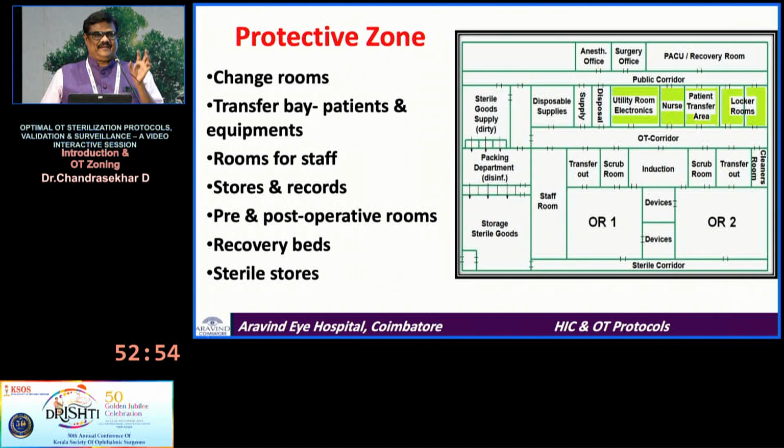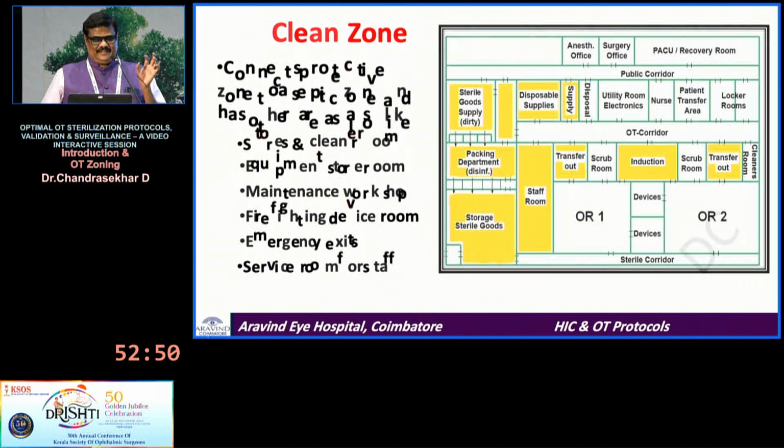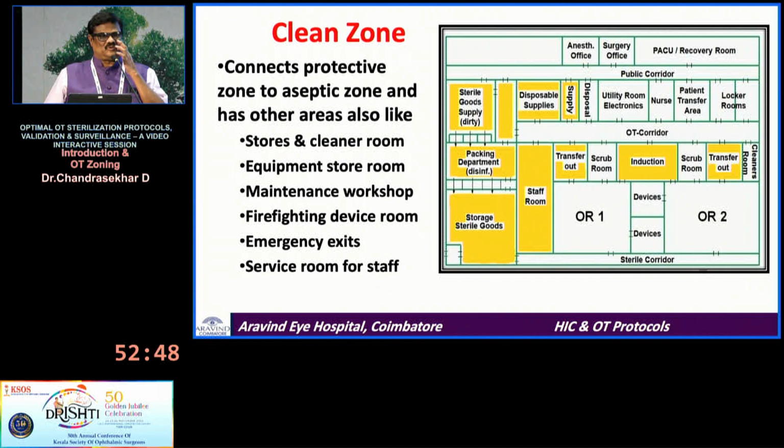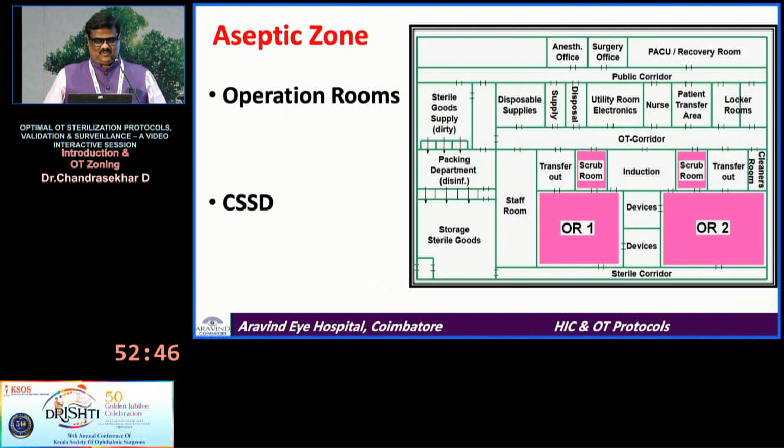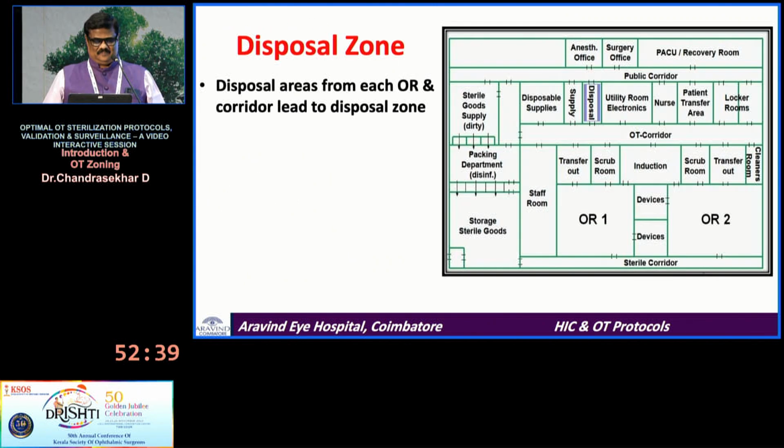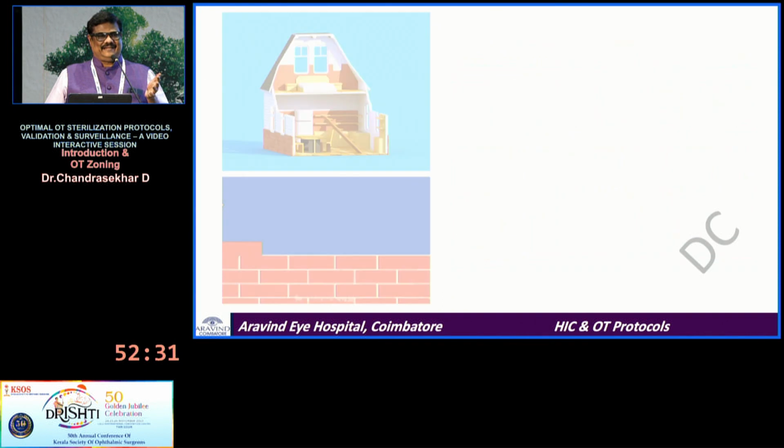The protective zone is where we enter, with change rooms and store rooms. The clean zone would be a corridor, transfer rooms and the patient recovery area. The most important is the aseptic zone, which is the CSSD and the operating room. Then we have a disposal corridor, so that there is no crossover between the sterile and the unsterile.